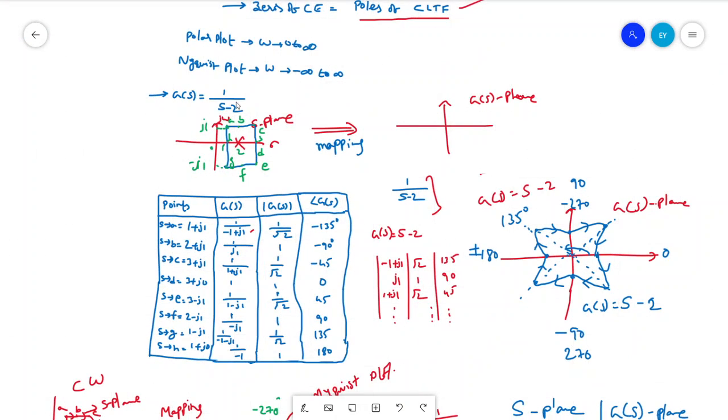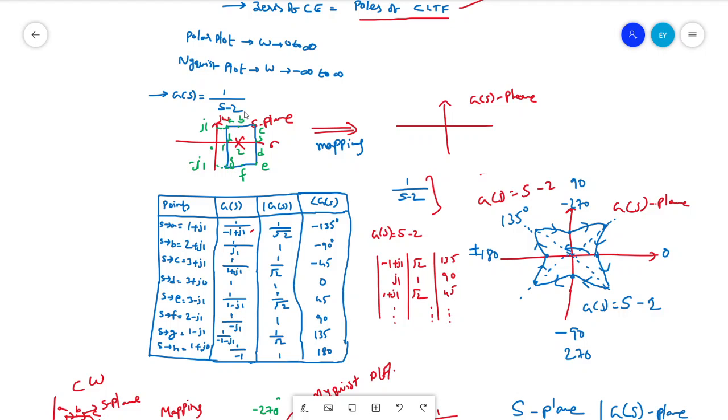So let us consider this example. G of s is 1 by s minus 2. S minus 2 means the pole which is lying on the right half of S plane. Okay, the pole lying on the right half of S plane. Just what we will do is we will just draw a contour around that pole. Contour with certain points.